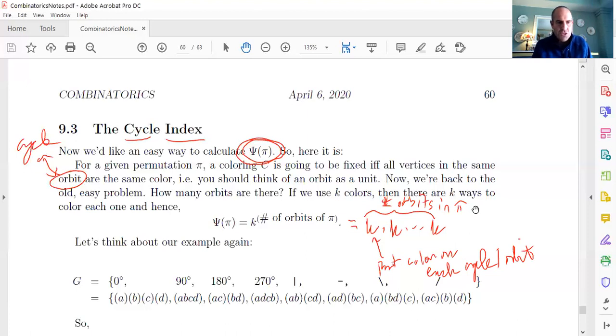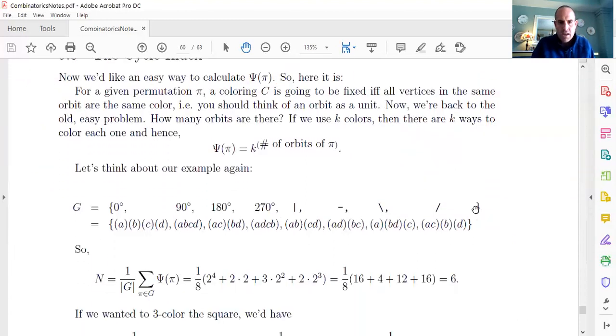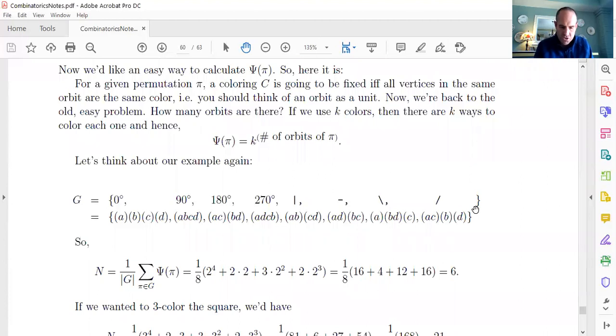So let's go back to our old friend, the square. I've just quickly sketched this. Here's our square, and I'm labeling the vertices: this is A, this is B, this is C, and this is D. So with the 0 degree rotation, A goes to A. That's the identity rotation.